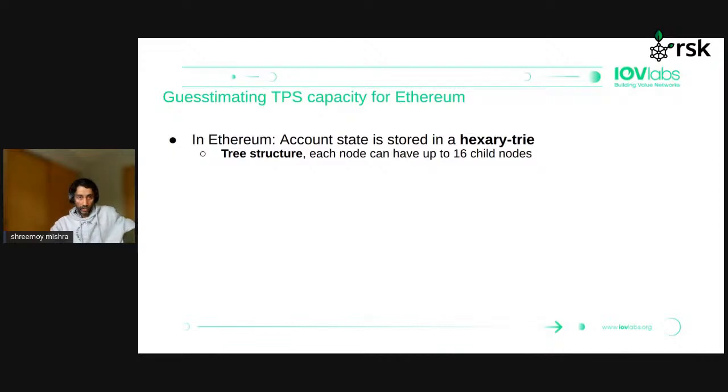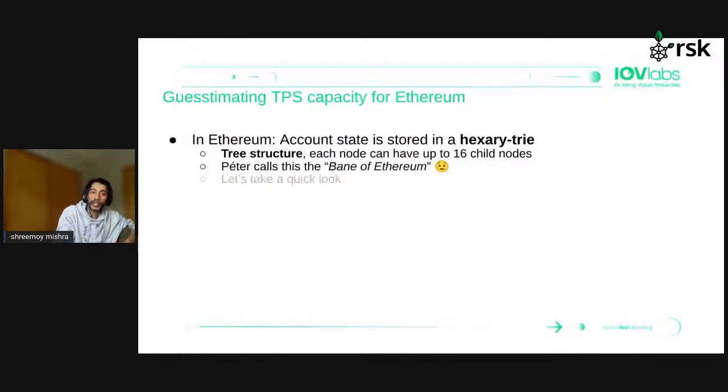Some people pronounce it as tree because it comes from retrieve, but it's also fairly common in the community to pronounce it as trie, and I'm going to use that. So it's a tree data structure in which each node can have up to 16 child nodes. That's in Ethereum. In RSK, it's different. But the interesting bit is that Ethereum's lead developer, Peter, calls it the bane of Ethereum. Okay, let's take a quick look at why he calls it the bane of Ethereum.